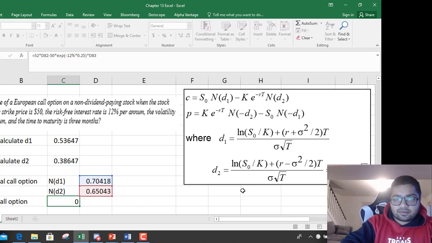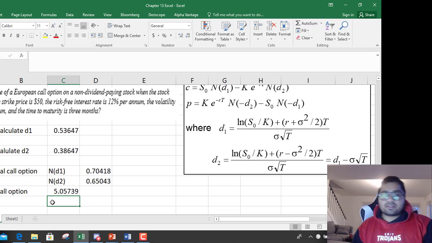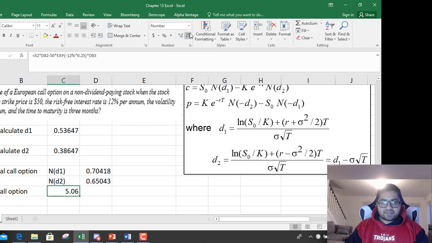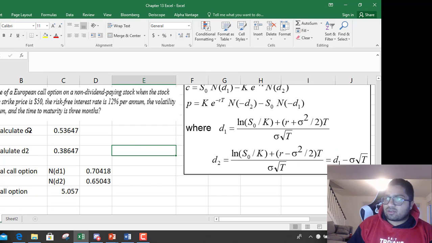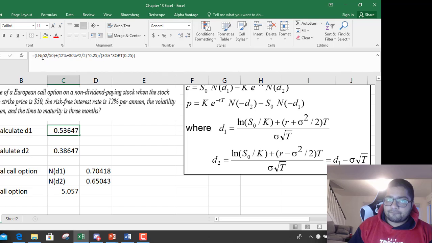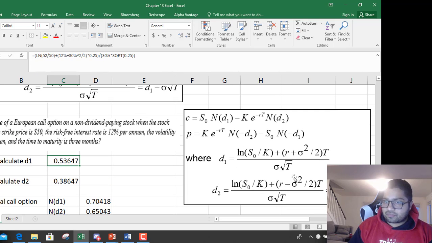So if you solve this, the call option is 0.057 or 0.56.